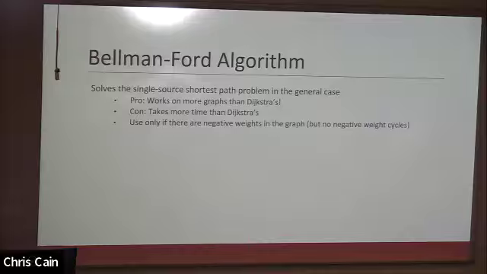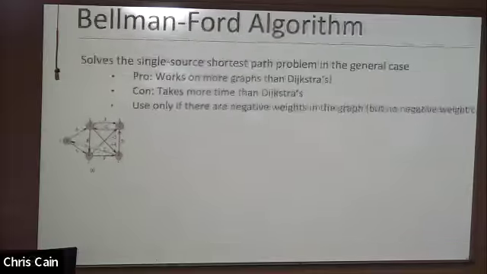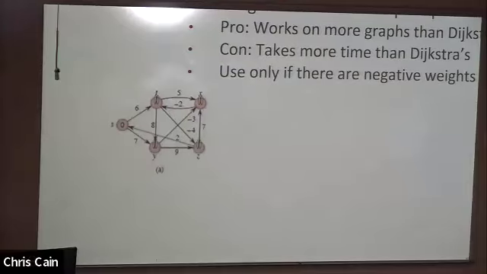So I'll give you an example here of a graph. Here's a graph that has some negative edge weights. Yeah, that kind of got stretched a little bit. Those are infinities on the vertices.